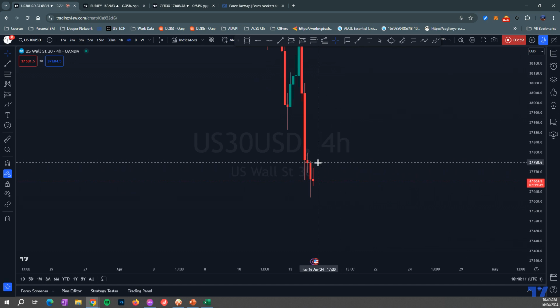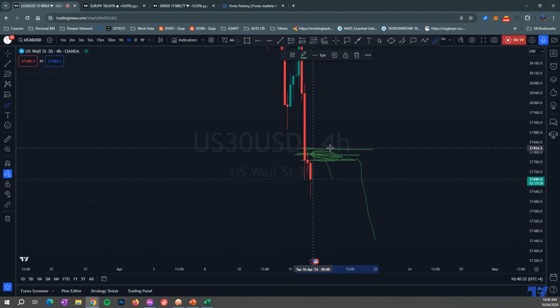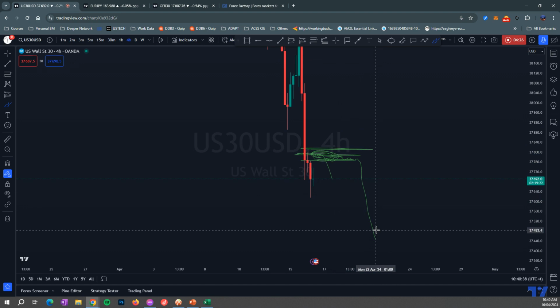As long as this high is respected, price will remain bearish. Even if price manages to come up here, it could consolidate around here, range for a while, and then still push back. As long as we don't secure a 4 hour closure above this level, we are going to still be bearish.